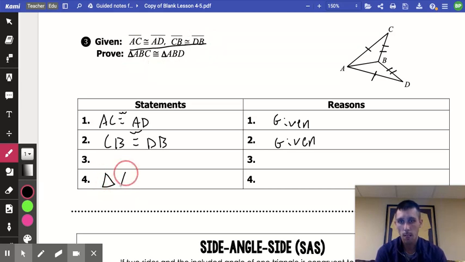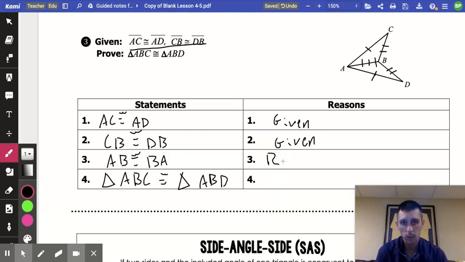So triangle ABC congruent to triangle ABD. Now, what part are we missing? We are missing this middle part, right? What we could say here is AB is congruent to BA, and that is called the reflexive property.